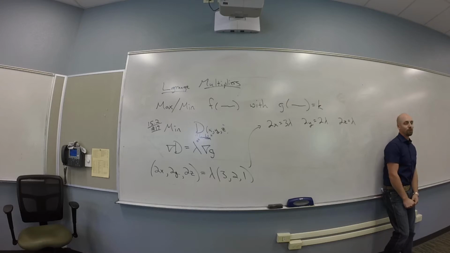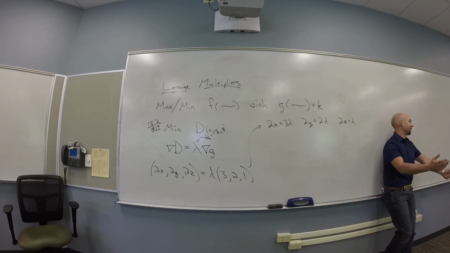What's wrong with it? What did we mess up? Lambda's a constant value. No, we don't know what it is. If I just put in a number for lambda, then I'm saying how long that gradient vector has to be, and I have no idea. So I can't just throw a number in for lambda. You guys see that?